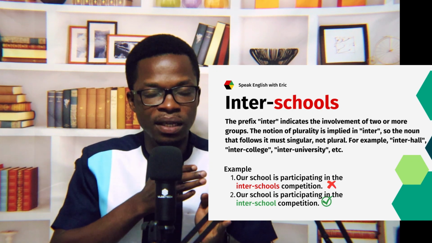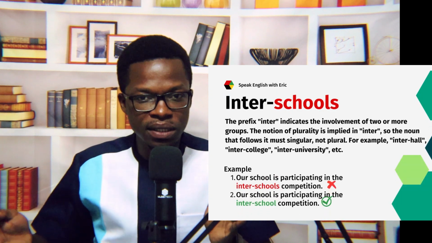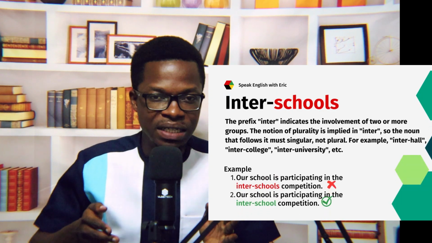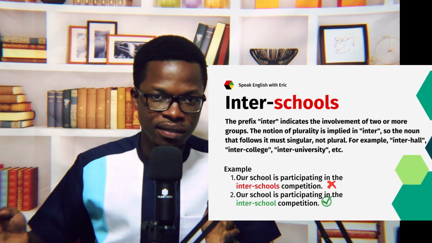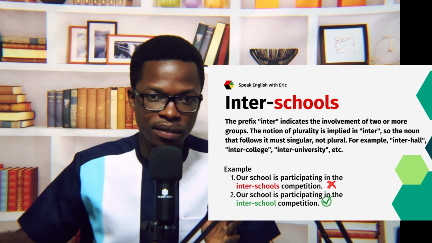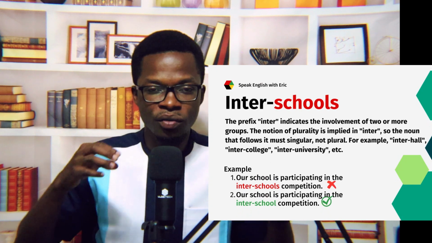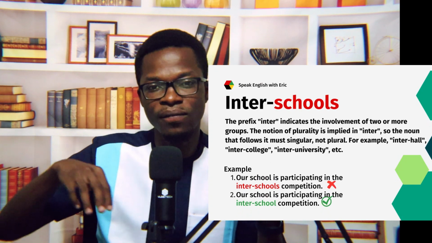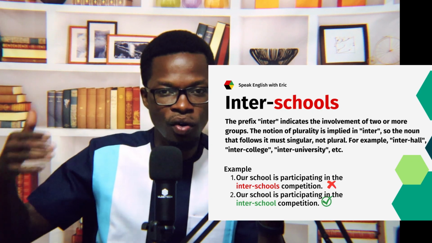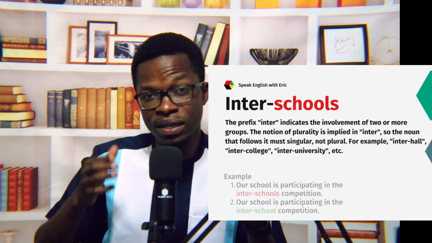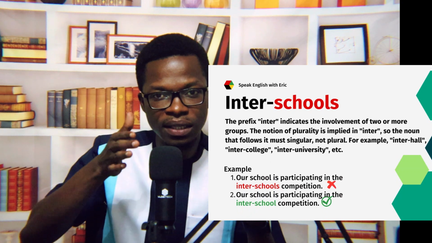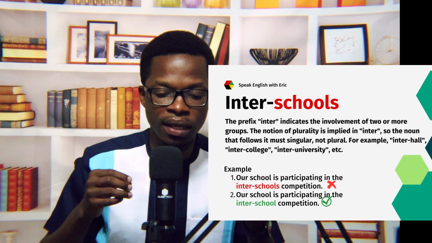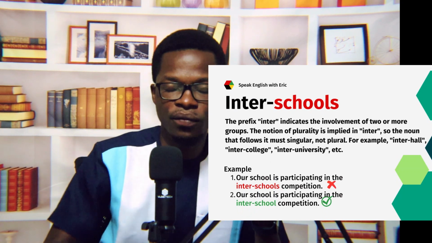So you would rather say inter-school competition, inter-department competition, inter-university games, not inter-universities games, right? The moment you use inter, you are implying that you are talking about involvement of two or more groups, and therefore the noun that follows the inter should always be in the singular form.